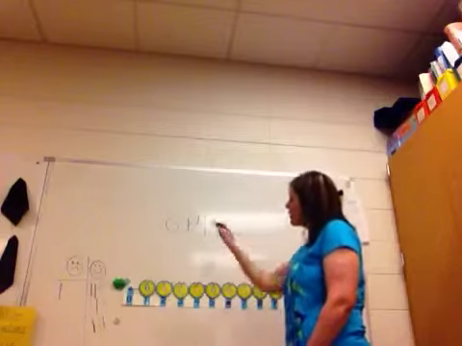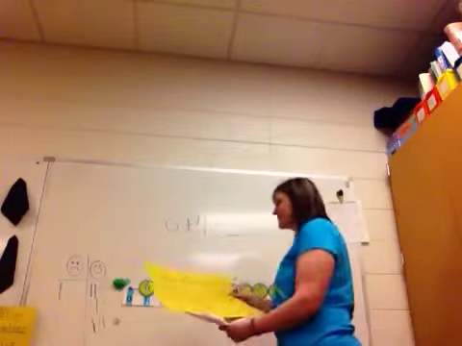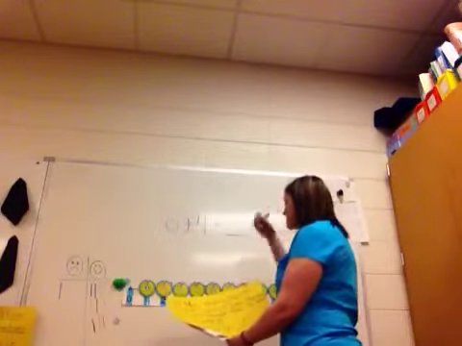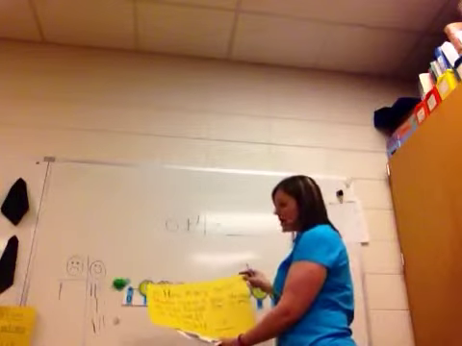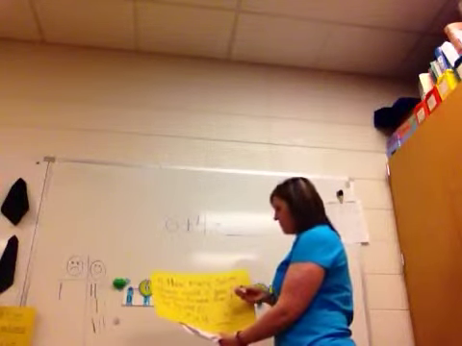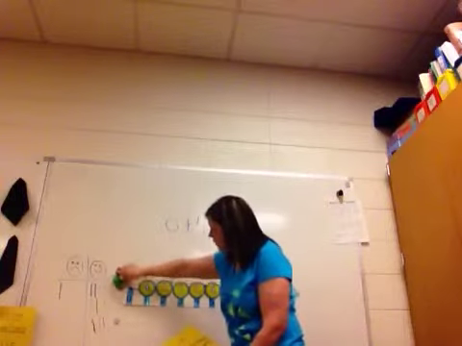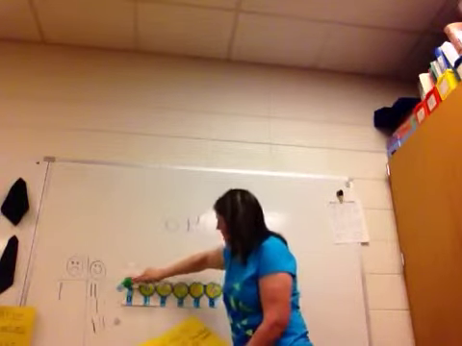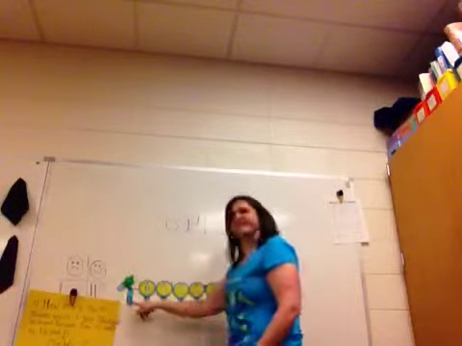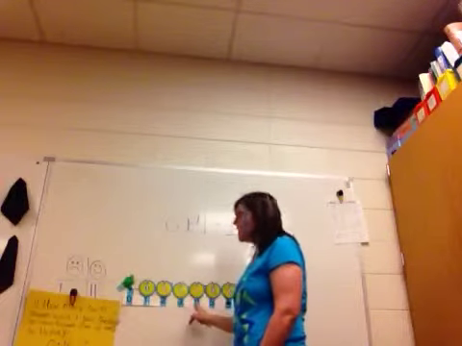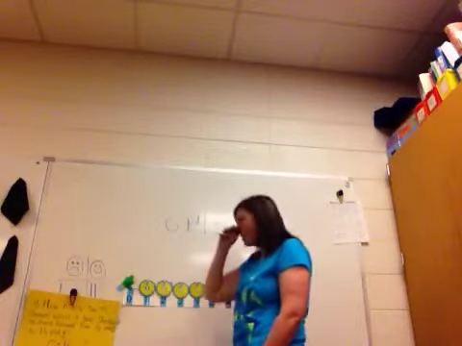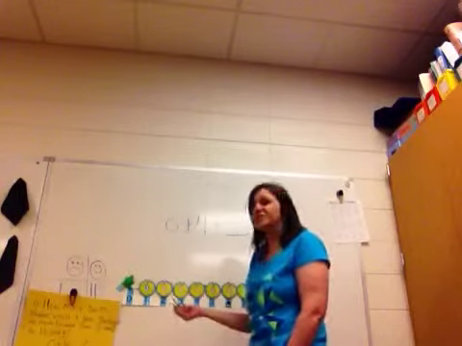Okay, so we are going to do what this says. It says, how many swim strokes would it take Sheldon to move forward from lily pad 0 to lily pad 4? Okay, so if he's on lily pad 0 and he wants to swim to lily pad 4, let's do the work and show.